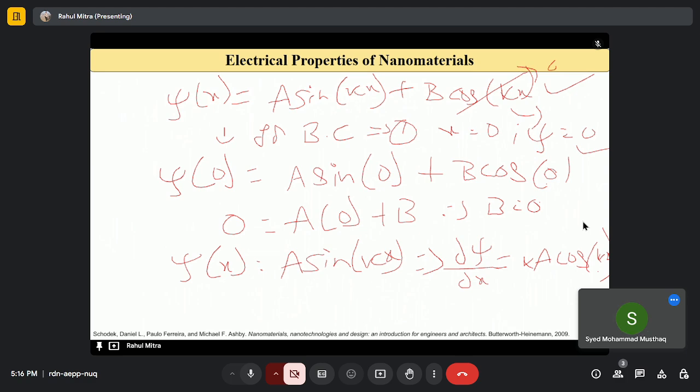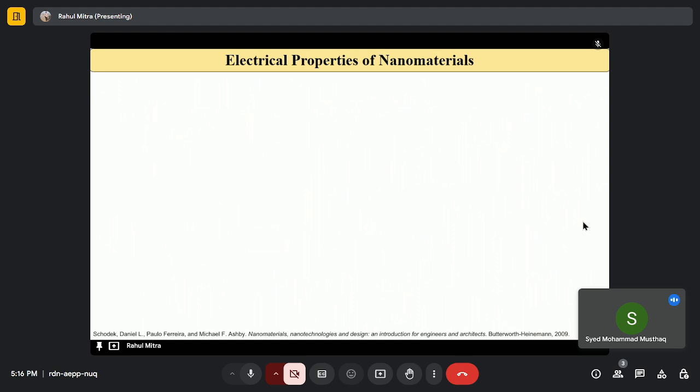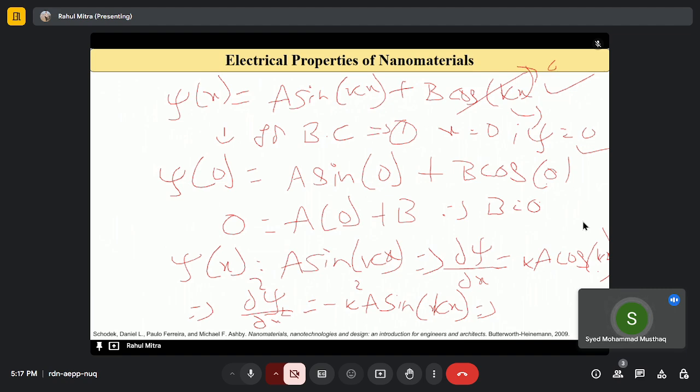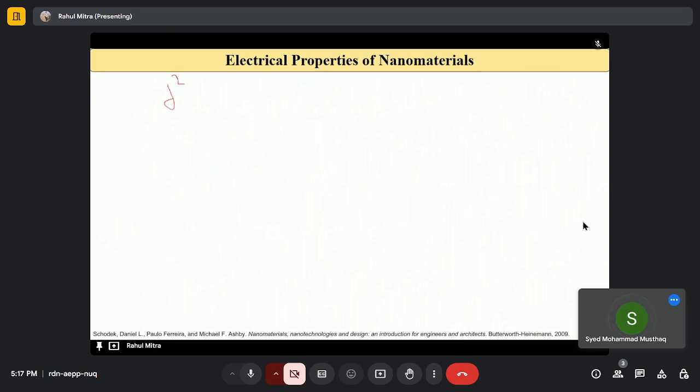And doing the differentiation again, dou square psi by dou x square equals minus k square a sin kx. Since psi equals a sin kx, this again turns out to be dou square psi by dou x square equals minus k square psi, right?